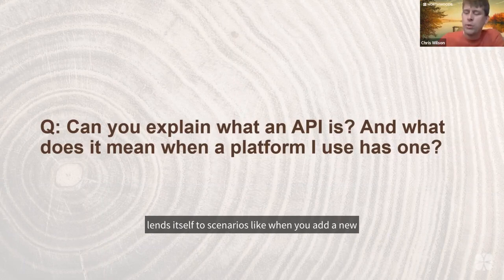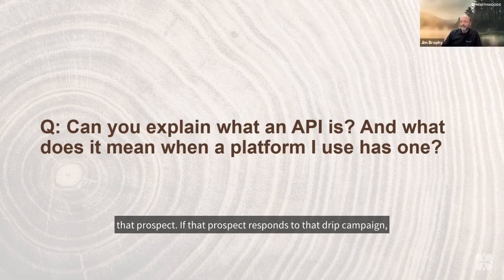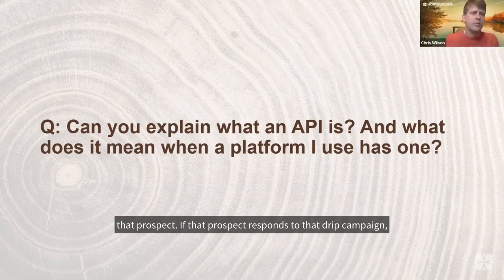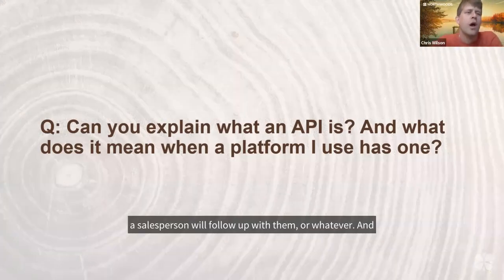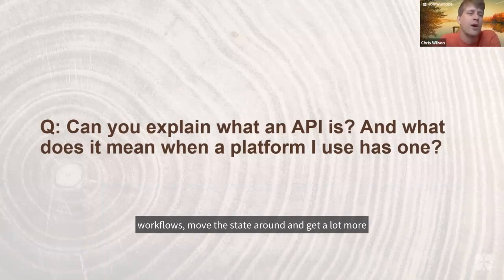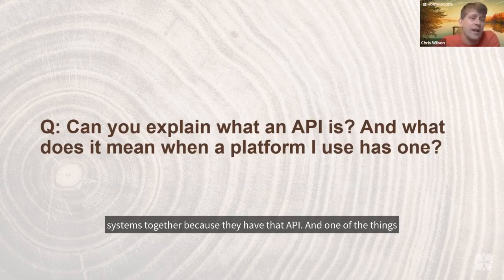It lends itself to scenarios like when you add a new prospect in your CRM, your marketing automation or email marketing platform can start a drip campaign out to that prospect. If that prospect responds to that drip campaign, maybe that information now goes back into the CRM, and a salesperson will follow up with them. So you're able to build out these workflows, move this data around, and get a lot more intelligence, a lot more automation by connecting all these different systems together because they have that API.